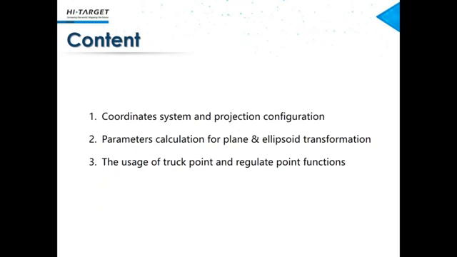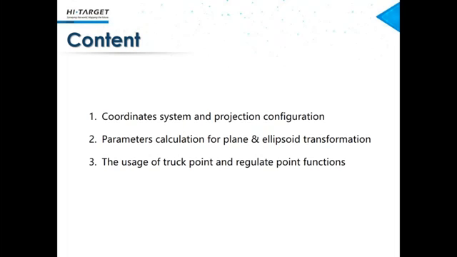So I have divided my presentation into 3 main parts. First part, coordinate system and projection configuration in HighSurv. So I will show you the workflow in HighSurv. And second part is parameter calculation for plane and ellipsoid transformation.